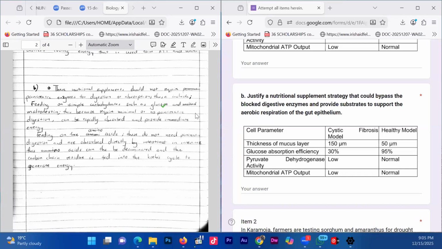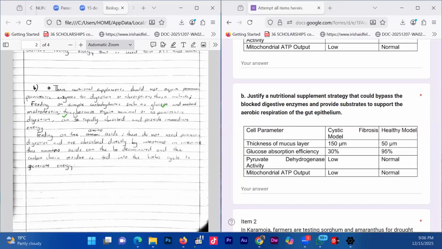And maltodextrin, which contains maltose. Yes, because it requires minimal pancreatic digestion and is rapid.